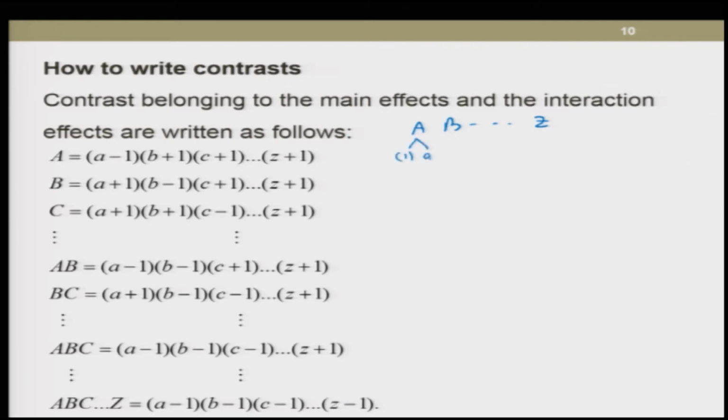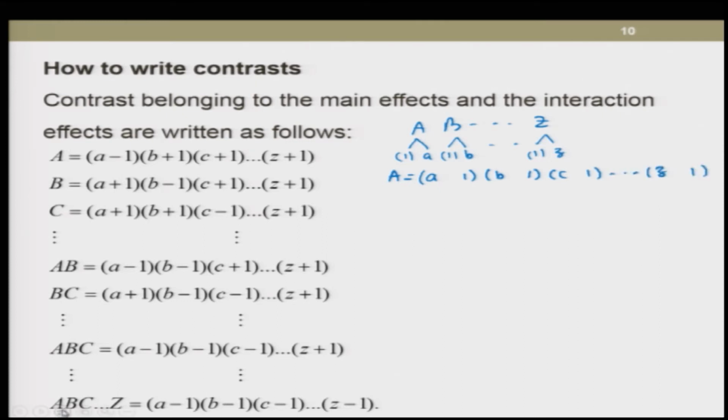So, the factor A has 2 levels, 1 and A, factor B has 2 levels, 1 and B, and so on, and factor Z has 2 levels, 1 and Z. Now, when I want to write down A, I have to write down A 1, B 1, C 1 up to Z 1.